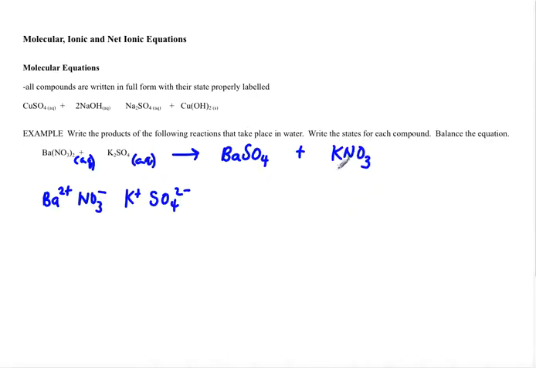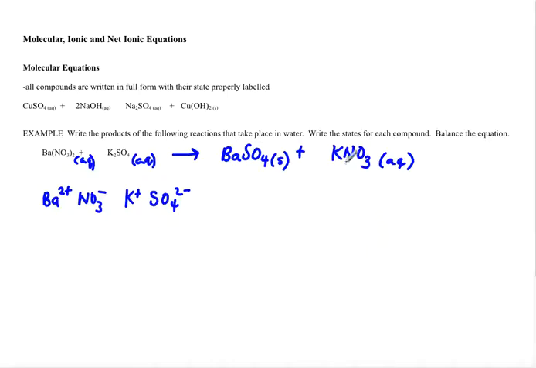And remember that the positive ion is always listed first in an ionic compound. Now, referring to the solubility rules, barium sulfate by rule number 4 is insoluble. So when it's insoluble, that means that it forms a solid. Potassium nitrate, which contains an alkali metal, is by rule number 1 soluble, therefore it's dissolved in water.